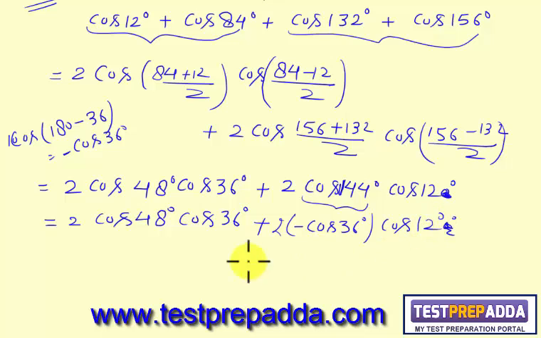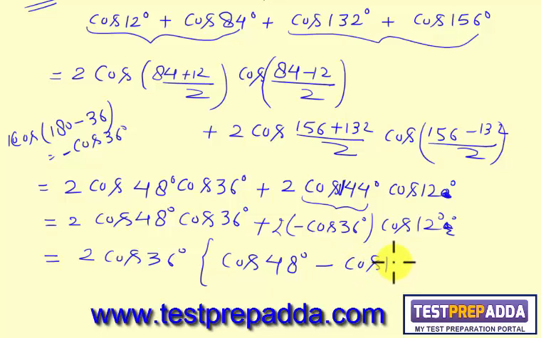12 degree. Now cos 36 will be taken common, so it will become 2 cos 36 degree, and this way we will get cos 48 degree from this side minus cos 12 degree. 156 minus 132 by 2 is 12.